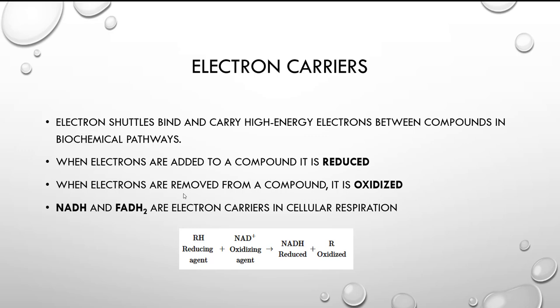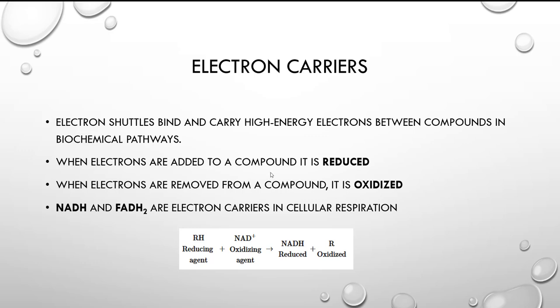Now, we saw from the video how we have these little coenzymes, NADH and FADH2, that carry electrons to the electron transport chain later on. So we have these little electron shuttles that will actually bind to electrons and carry them to other parts of the cell.